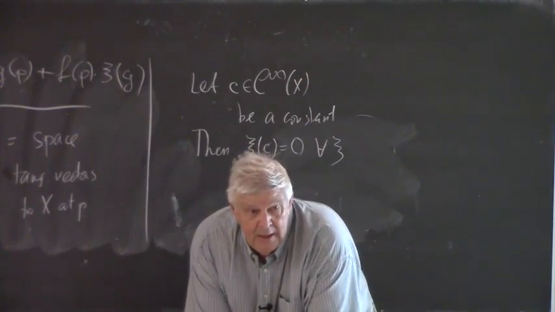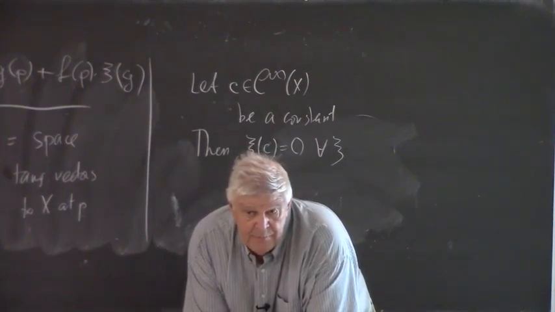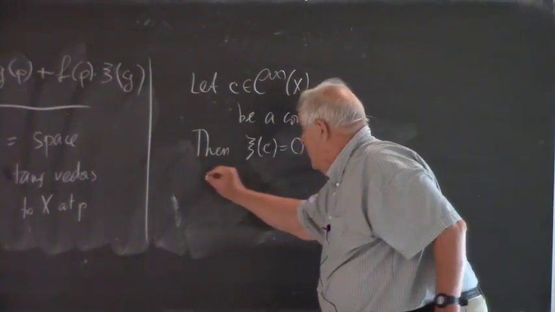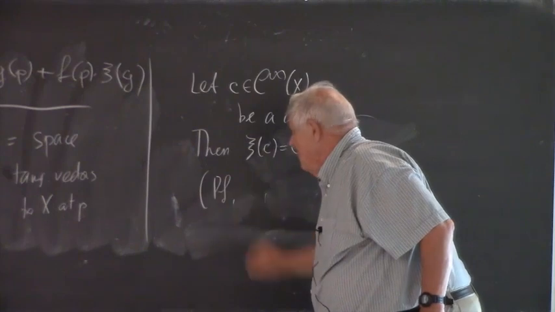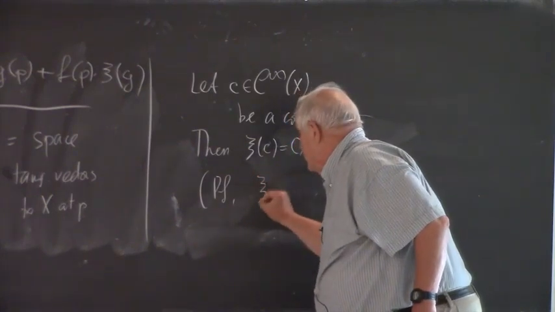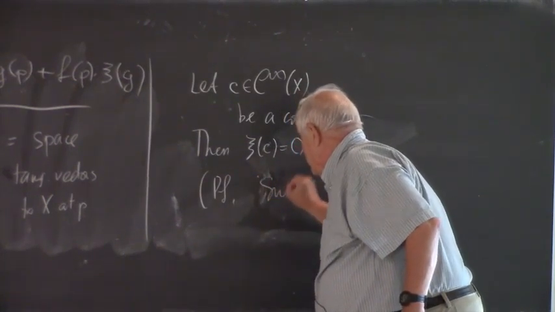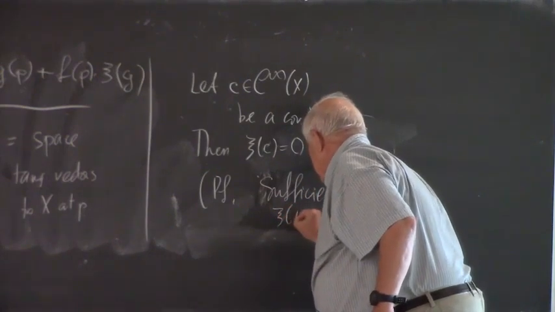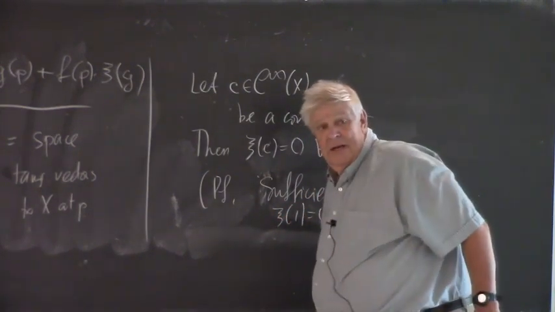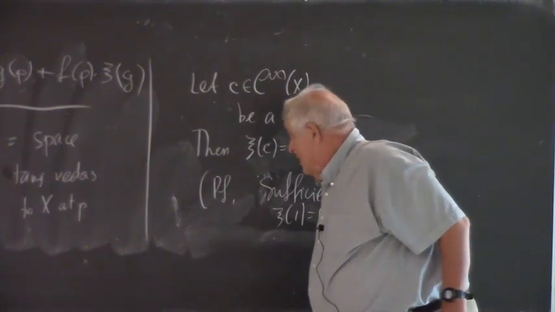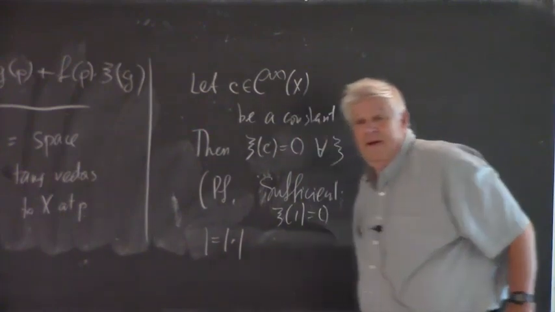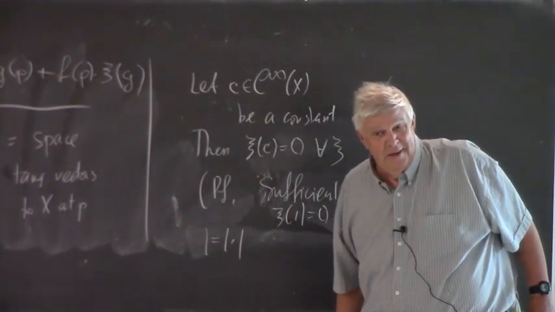The proof is very simple. Since xi is linear, it's sufficient to prove that xi of 1 is 0, right? And 1, whether you agree or not, is 1 times 1.